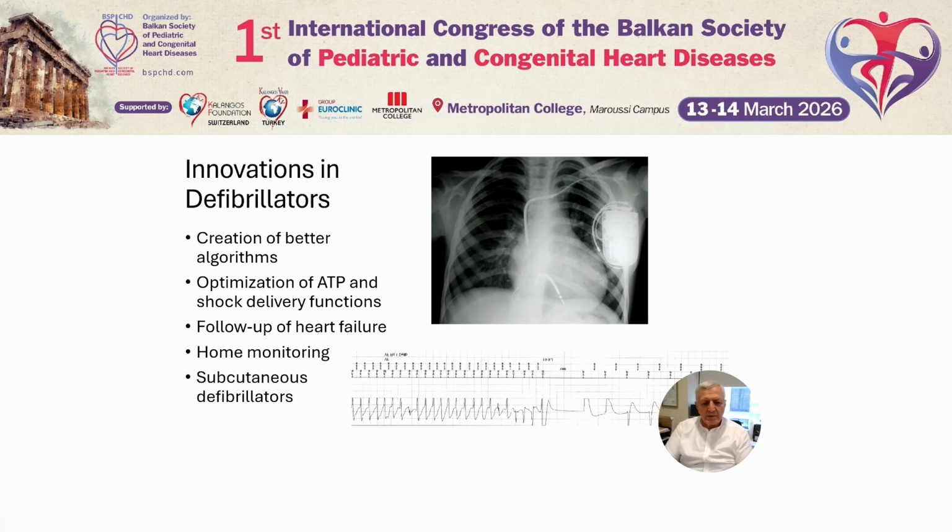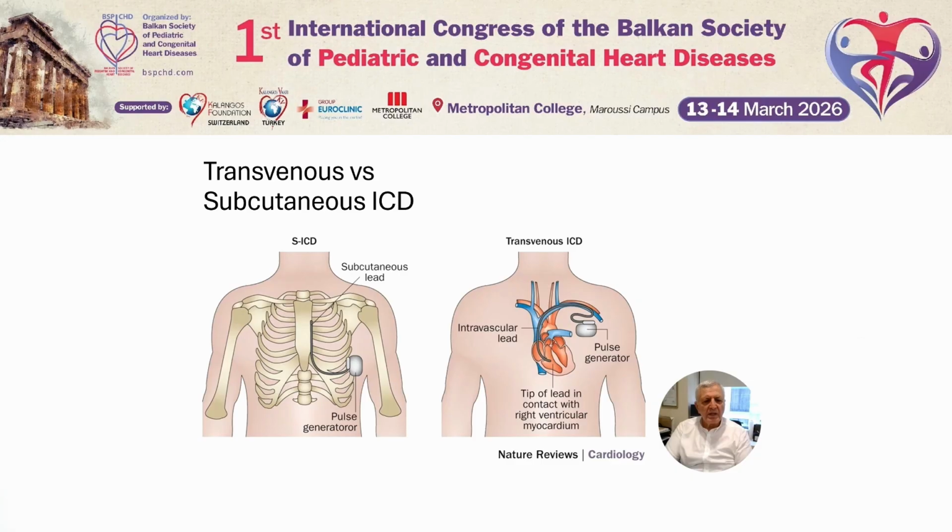This is an intracardiac EGM finding. There is a fast rhythm converted by the shock, and then you can see the normal rhythm after the shock treatment. In subcutaneous ICDs, the battery is implanted in the subcutaneous area, and the lead is inserted through the subcutaneous space.